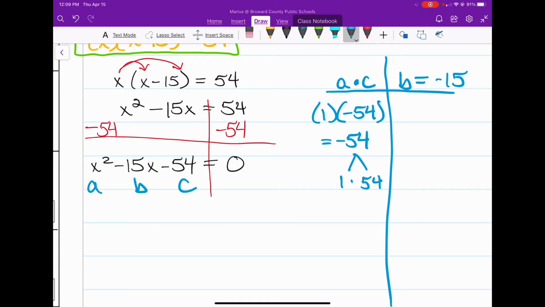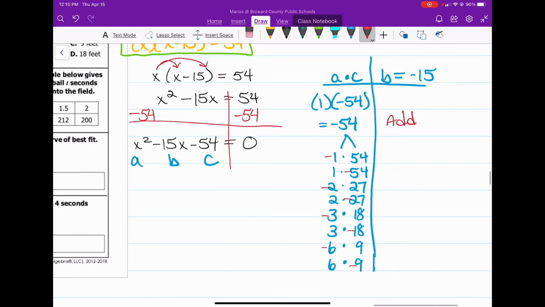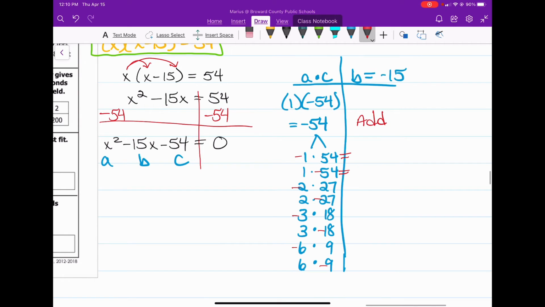So the factor pairs are 1 and 54, 2 and 27, 3 and 18, and 6 times 9. Now, because 54 is negative, that means that in each pair, a different number needs to be negative. Now we just want to add these up, because once we get done adding, we'll be able to figure out which factor pair we need to use, because we want the sum to equal negative 15.